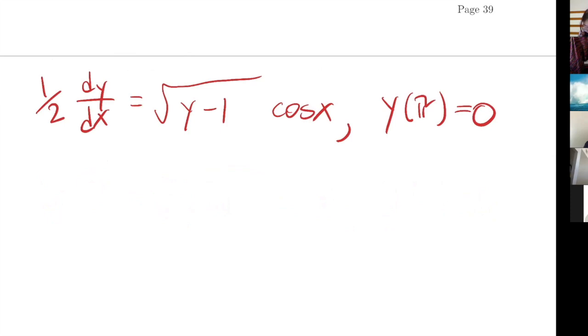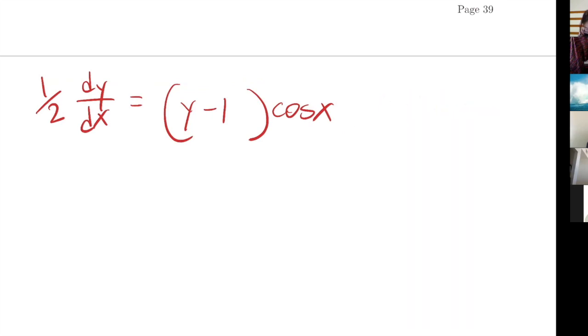Sorry, this is actually not a linear differential equation. This is a separable differential equation. Let's change it to this. Now it is linear, and now I don't know what the solution will look like. So let's solve this one, and let's just find the general solution. You don't need to worry about the initial condition.